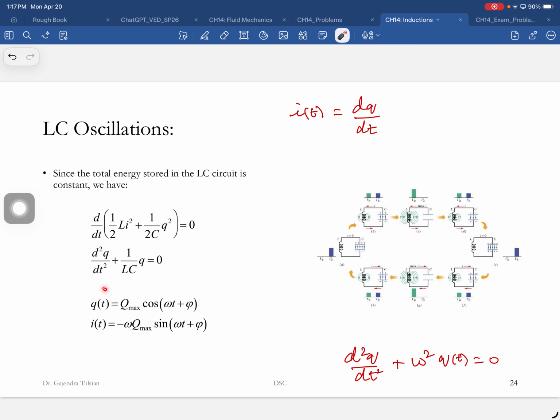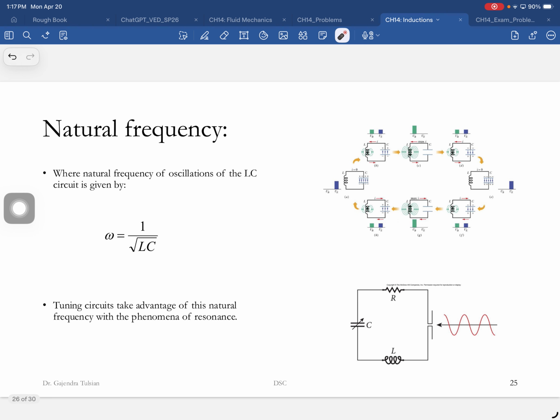And I, the current in that circuit, is also oscillatory. So there's the frequency of oscillation, 1 over root of LC. So that's the natural frequency of this oscillator.